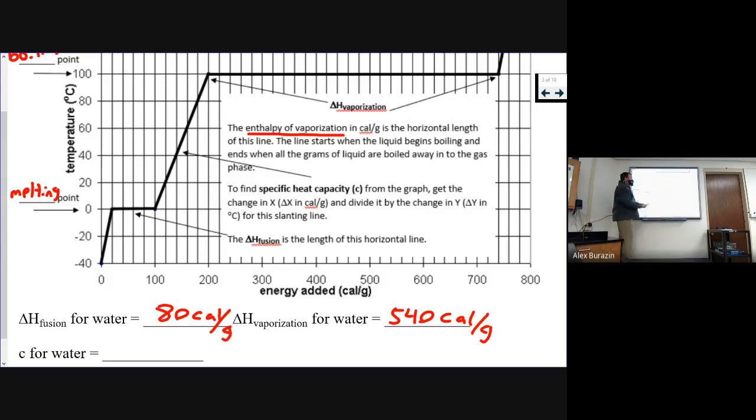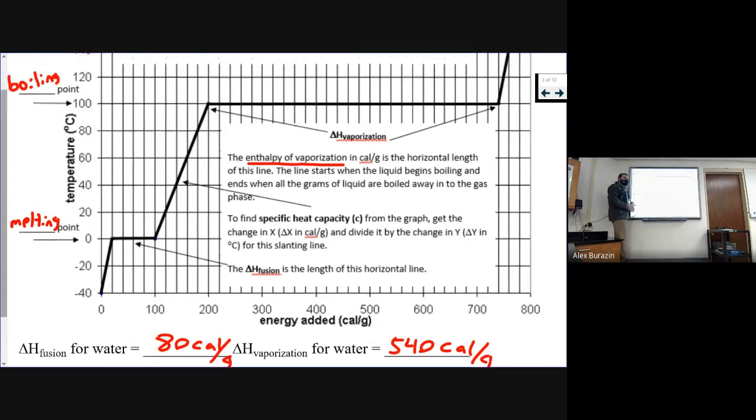So let's do that for water. Where's liquid water on this graph? It's from 0 to 100. This slope is pure liquid water. Let's take the change in X over the change in Y from that spot.